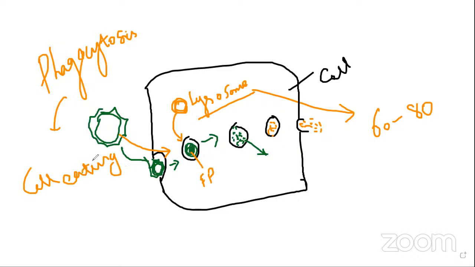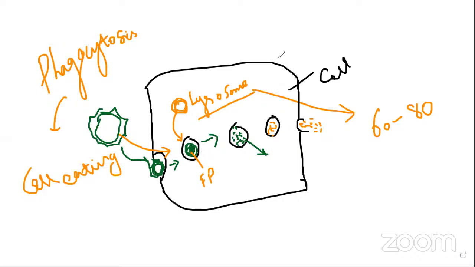This is considered a cell eating process because any foreign particle is considered as a cell. When it enters into the cell, automatically the lysosome acts upon it. The hydrolytic enzymes are secreted by the lysosome and act upon it. The complex molecule is converted into simple molecule. After that conversion, it may be eliminated to the outside. So this process is called the cell eating process, otherwise called phagocytosis.